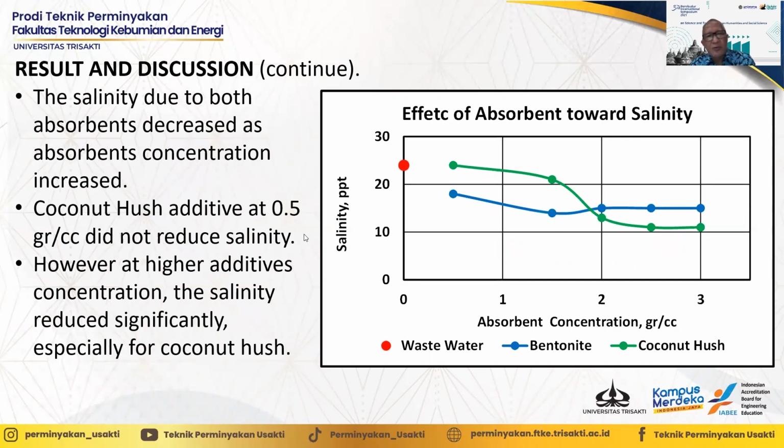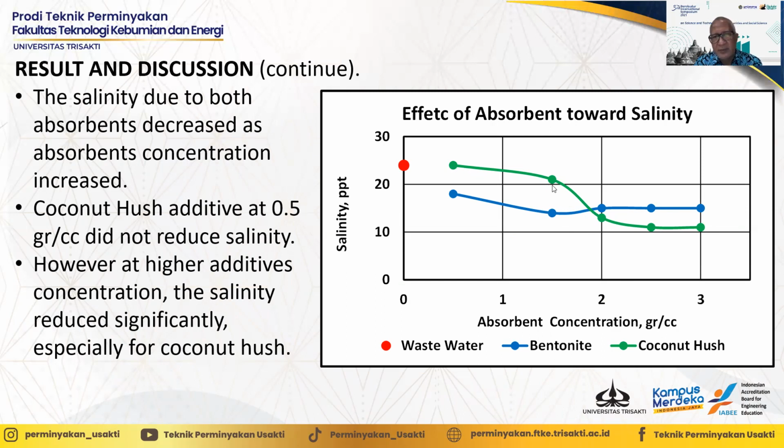And then the salinity due to both adsorbents decreases as adsorbent concentration increases. So you can see the decrease of the salinity as the concentration increases. But coconut husk doesn't change much at 0.5 gram per cc here.